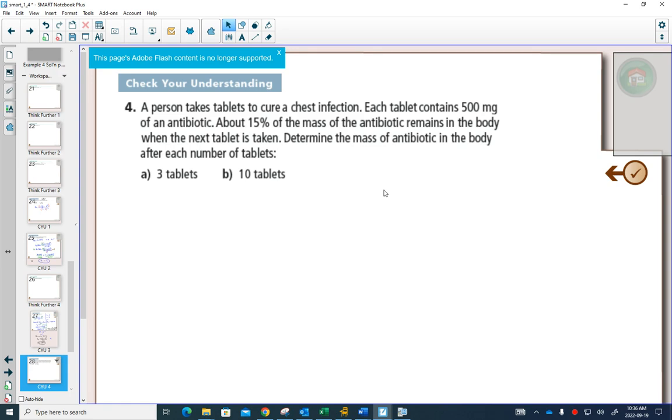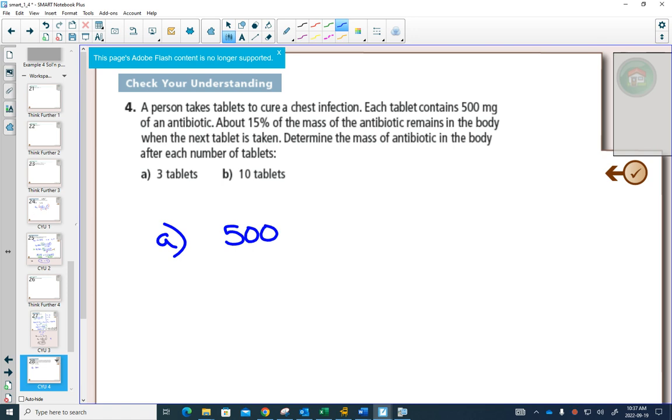That schedule here looks like this. You take 500 milligrams, it doesn't get rid of your chest infection. The next time you take another 500. So if you just took one tablet, you'd have 500 milligrams.